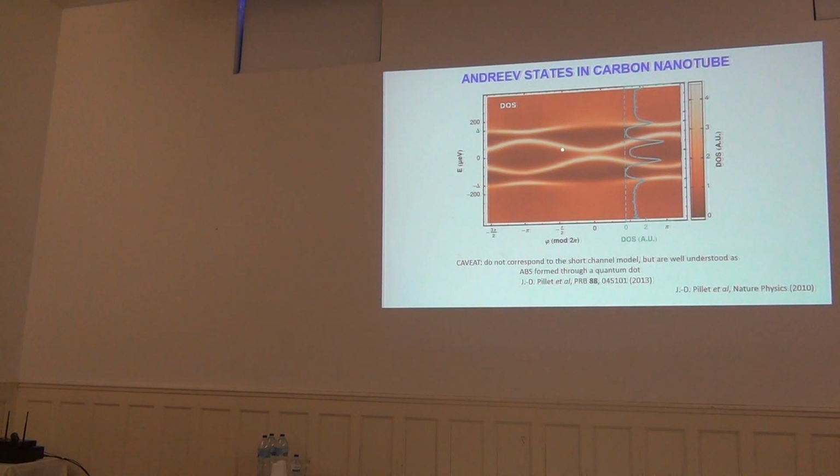And in color, this is directly the density of states, the deconvolved dI/dV. And here one sees these phase-dependent states which lie inside the superconducting gap. This was the first observation of Andreev bound states in a carbon nanotube, I think the first spectroscopy of Andreev states in any weak link.